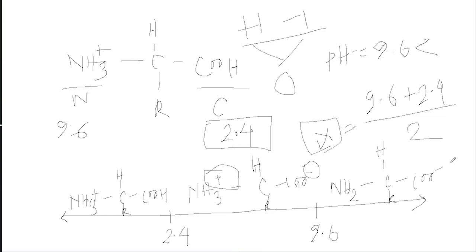So the net charge is now -1. So this was +1, this was 0, and this was -1, right? So at any pH above 9.6, all the groups will lose their hydrogen. It will be dehydrogenated and deprotonated.